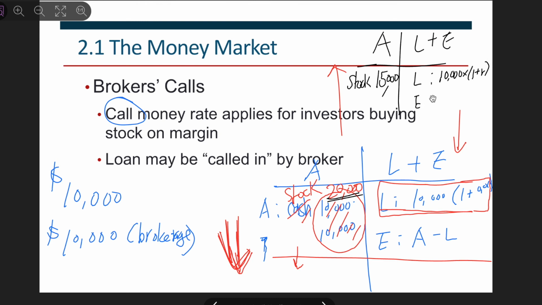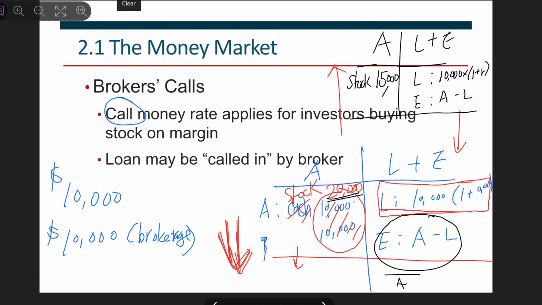And equity is what? Stock asset minus liability. If we look at the equity over asset, we can know how much of the total asset belongs to us and the rest belongs to the bank or the brokerage firm.